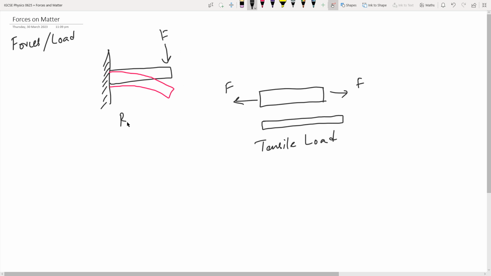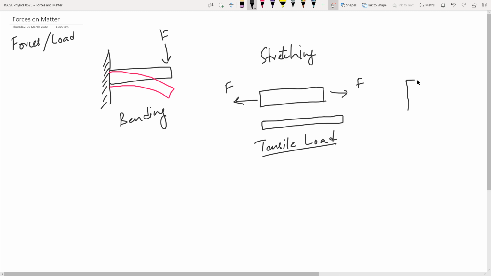So this is what we call bending. It is bending matter, and in this case, once we pull it on both ends, it is what we call stretching, or tensile loading, and the other way around is compression, right?